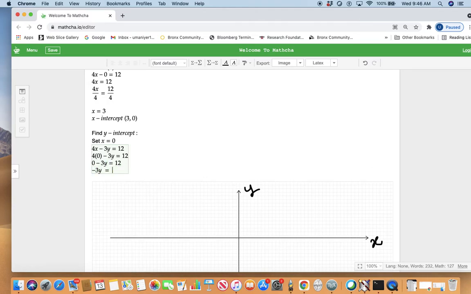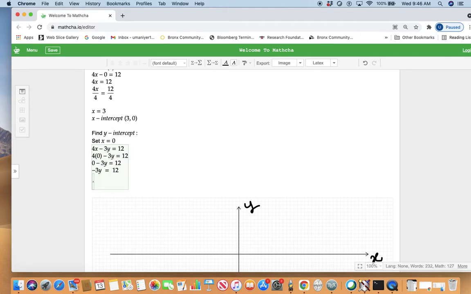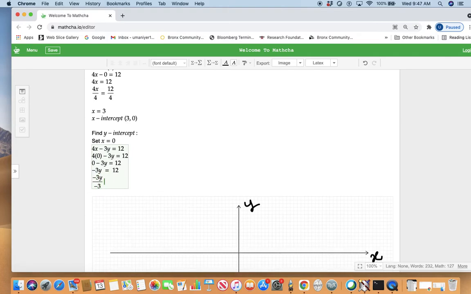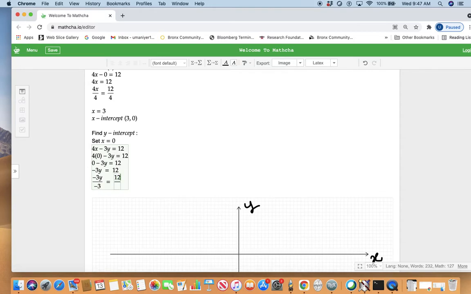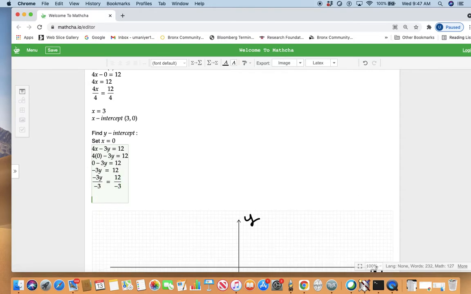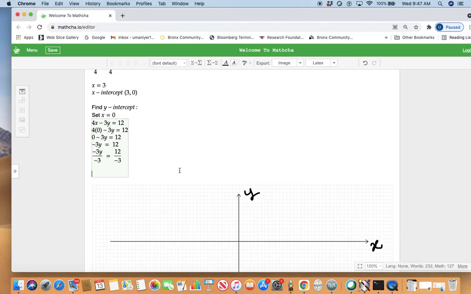Minus 3y is 12. Divide both sides by negative 3. The negative 3's cancel. Y equals 12 over negative 3, which is negative 4.